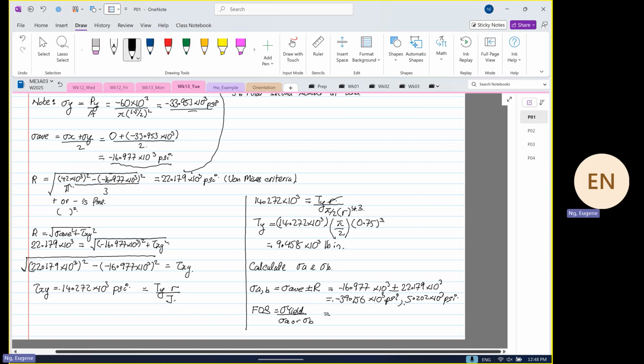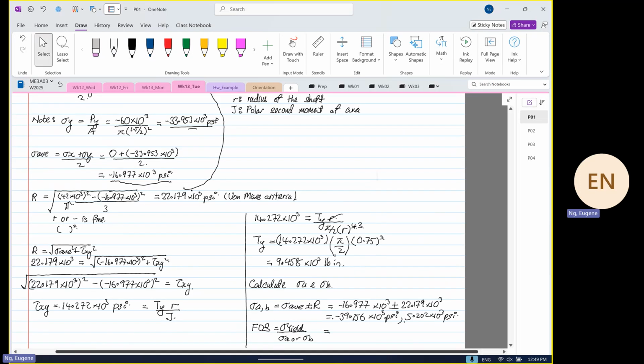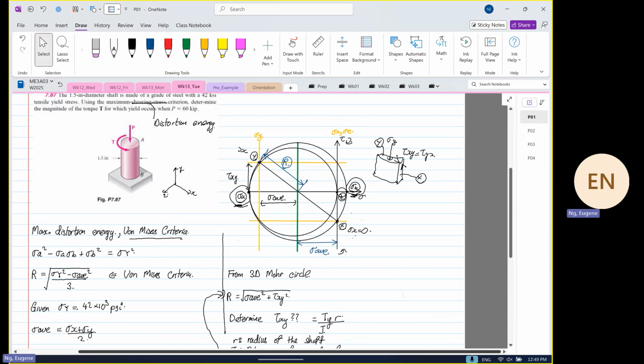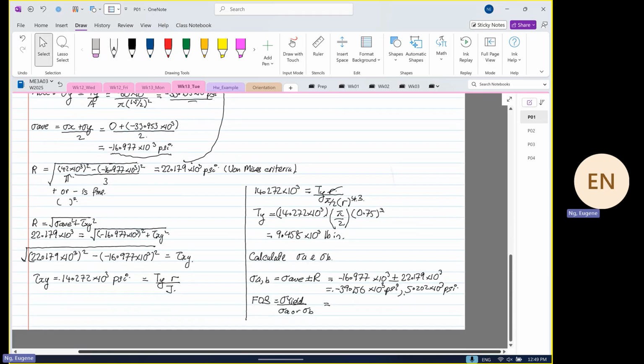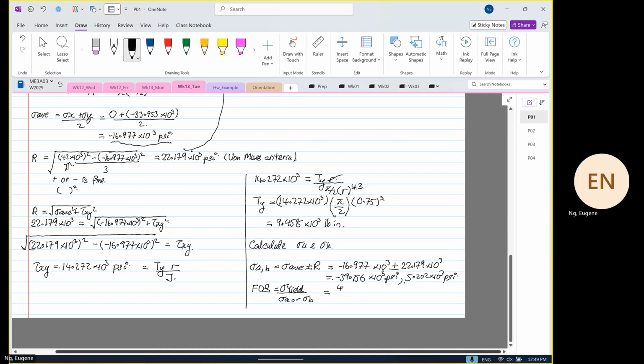So this will be equal to the yield. Given to us, the yield is 42 times 10 to the power 3, and then divide by 39.156, I beg your pardon.